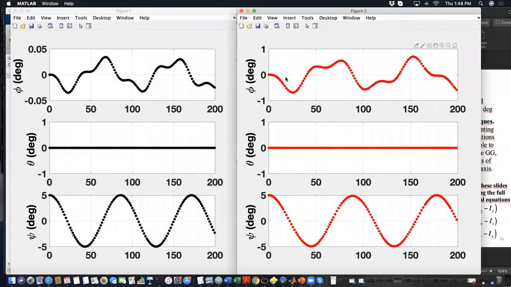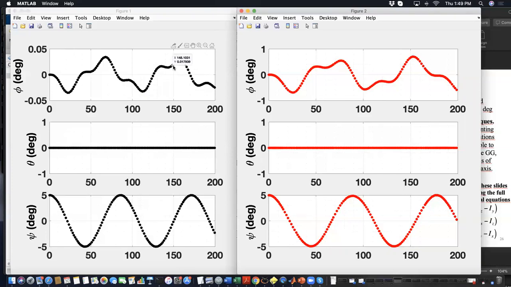If we increase the inertia, so the boom along the z-axis, you can see that the amplitude of phi is indeed going to be definitely lower. So we are able to increase the stability of the system by including a boom.